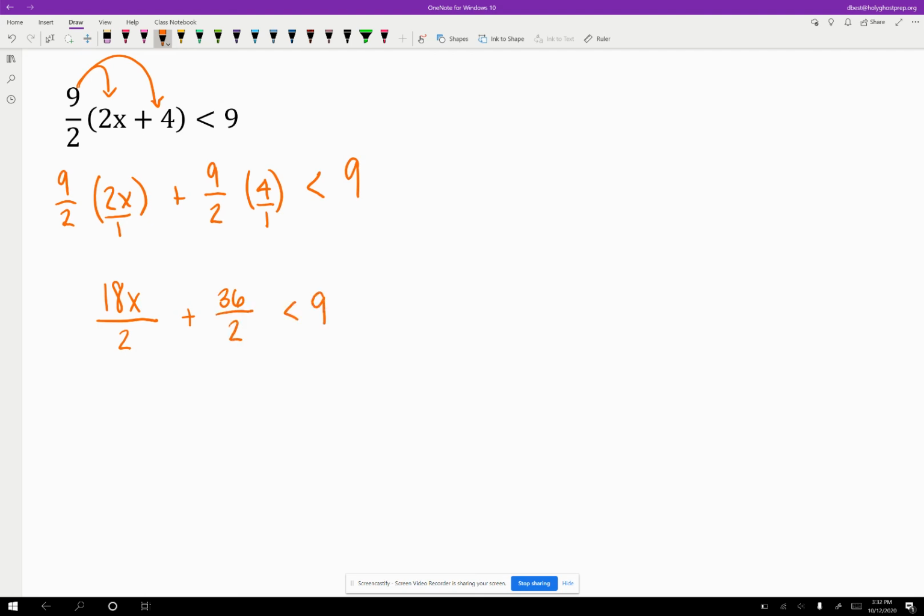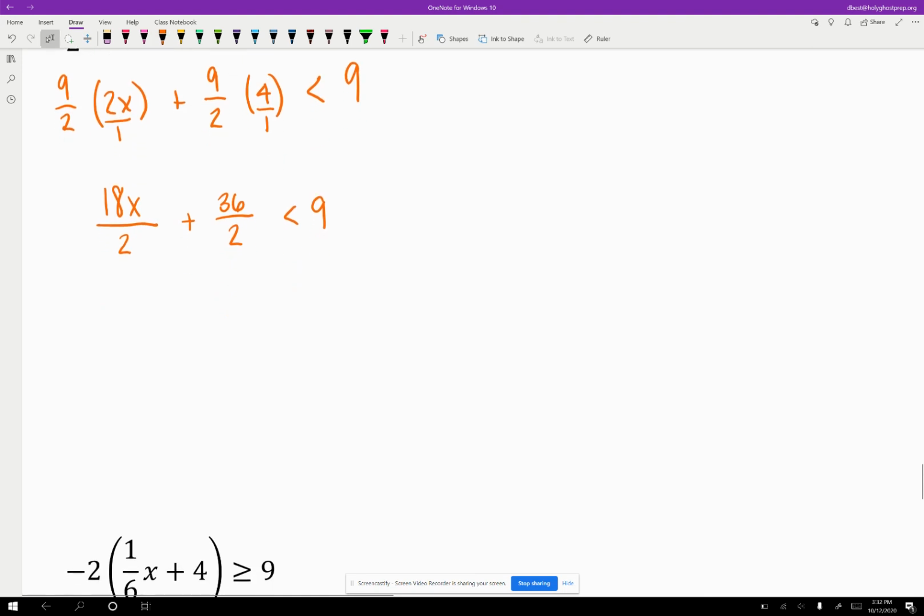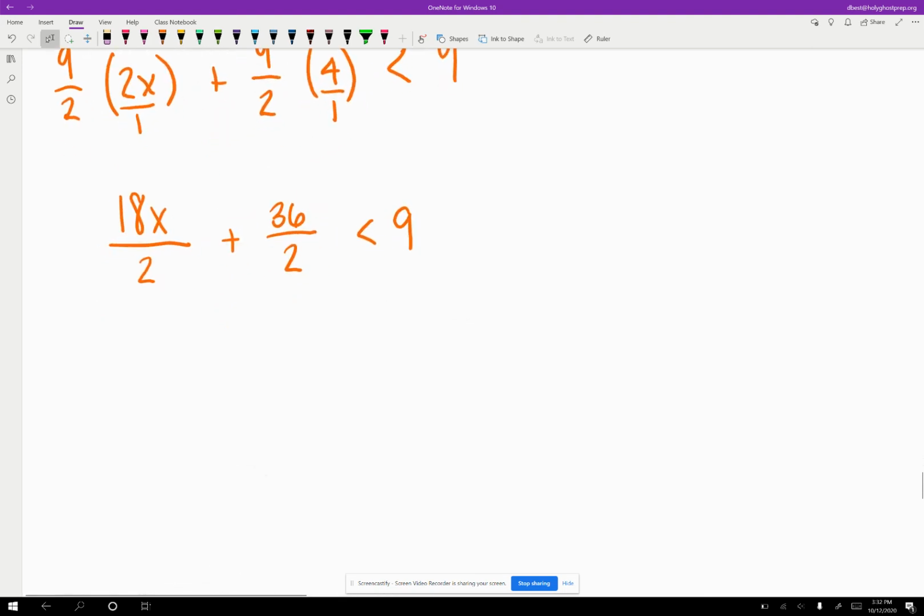Okay. Before I move things to other sides of my inequality, I want to clean up my fractions because 18 divided by 2 is just 9. And 36 divided by 2 is just 18. And now that looks a little less scary without the fractions, and I can solve from here.